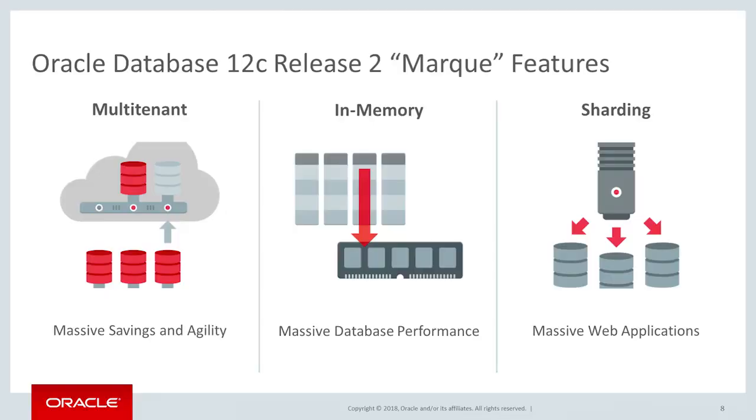And then for those customers that really needed massive web scalability with complete fault tolerance, we introduced the ability for customers to shard their database applications. So now customers can create this massive global database that's physically split into different database shards spread over a multitude of data centers.